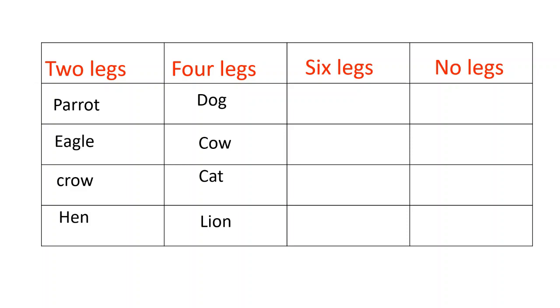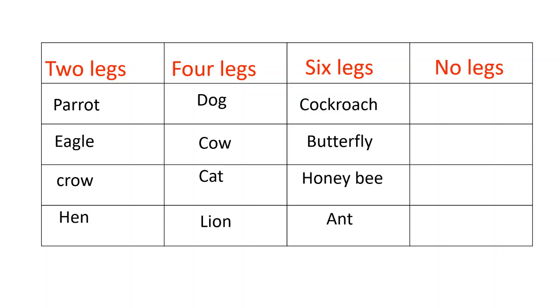And I also told you that animals that have 6 legs are called as insects. Now, can you name them, children? Yes, cockroach, butterfly, honeybee, ant, etc. Now, animals that have no legs at all.